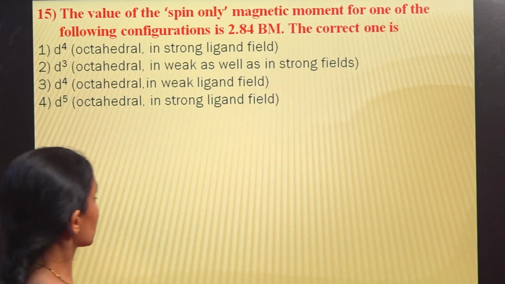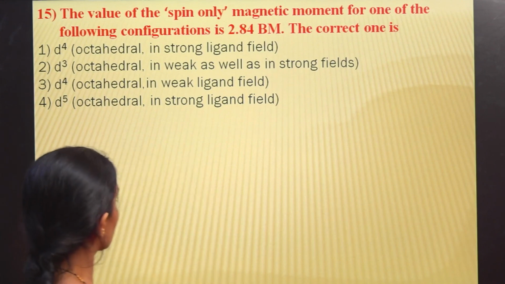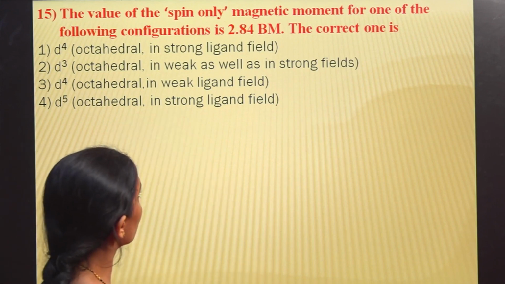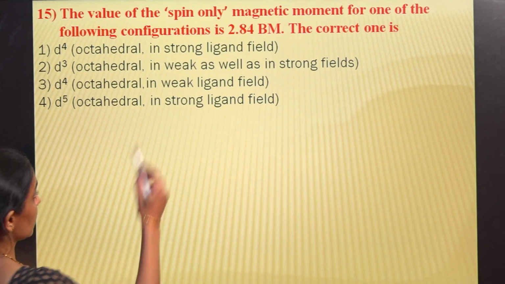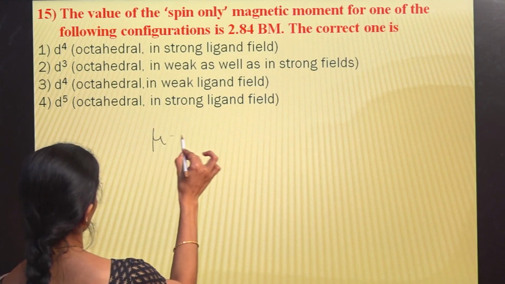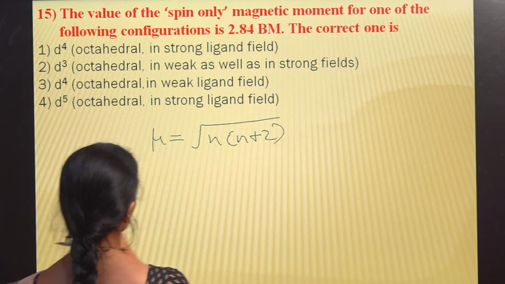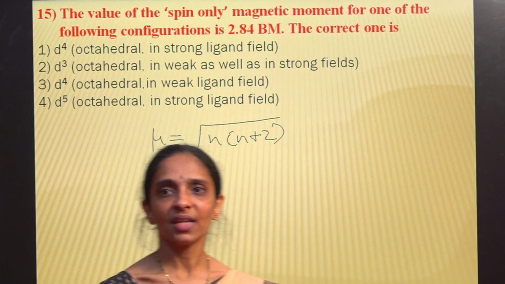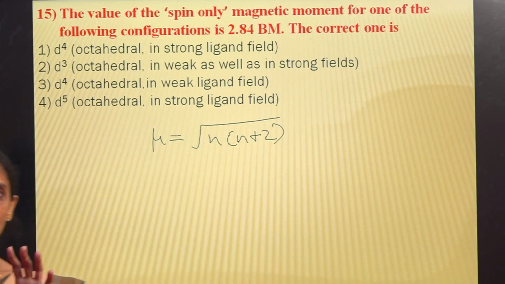Next question, a question on magnetic moment. The value of spin-only magnetic moment for one of the following configurations is 2.84 BM. The correct one is, mu value is given. Formula for mu is square root of n into n plus 2. We have already found out that when n is equal to 1, mu value comes out to be 1.73. In one of the previous problems we have done it.